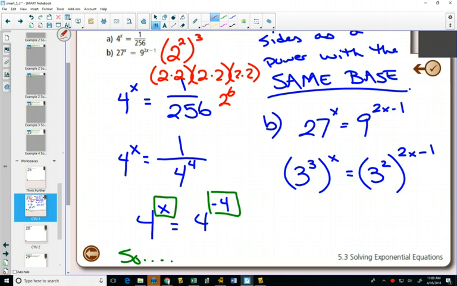And if it works for the simple numbers, that means when we get to here, power to a power, we're going to need to multiply. And same thing here, power to a power, we're going to need to multiply. And how do you multiply 2 times 2x minus 1? You're going to need to distribute.